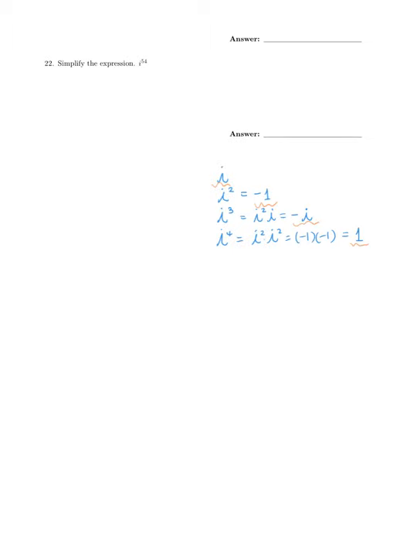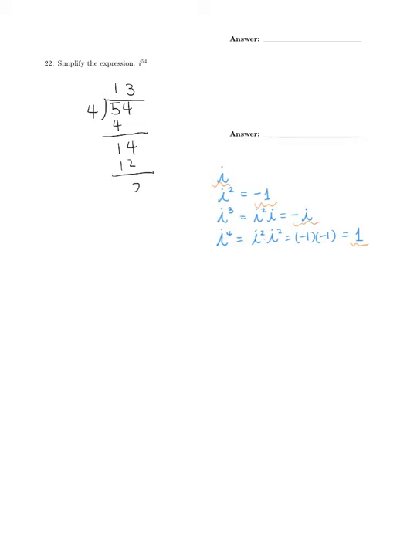So again, it's going to cycle in order of 4. So all you have to do is this, 54, and then you divide this by 4. And then what you want is that remainder. Okay, so let's do it. 4 goes into 5 once. Subtract, you're going to have a 14. And then what goes in? 3. 3 times 4 is 12.